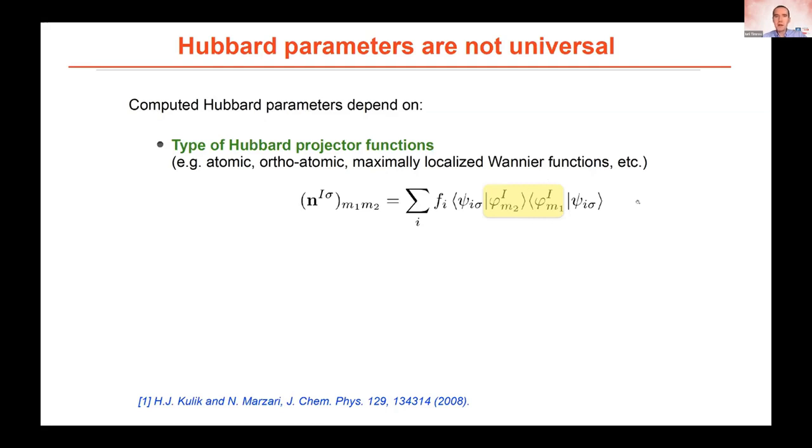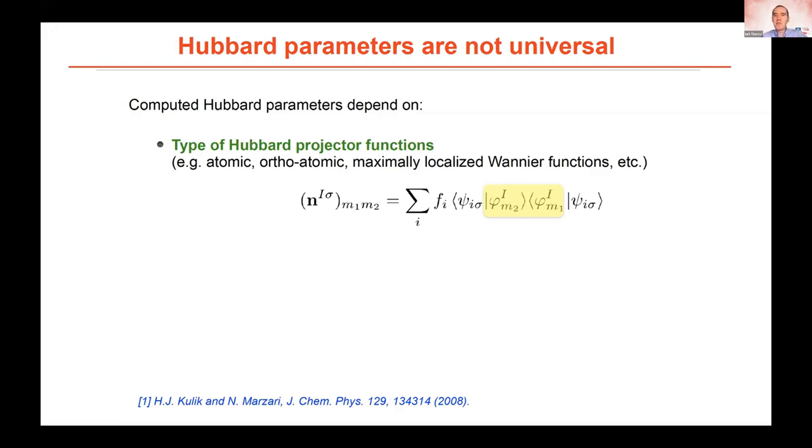If you use VASP, you have yet another type of projectors, which is based on the projector augmented wave method. If you use WIEN2k, it's yet another option. In ABINIT, you have truncated atomic orbitals, and SIESTA is something else. So yeah, you have to be careful.